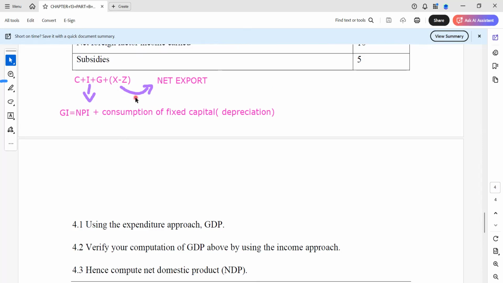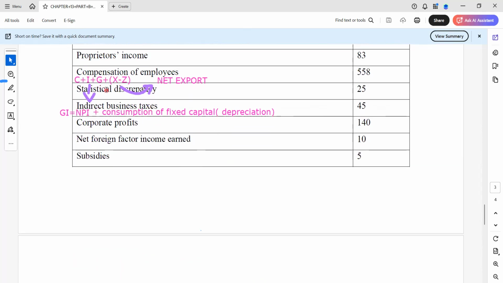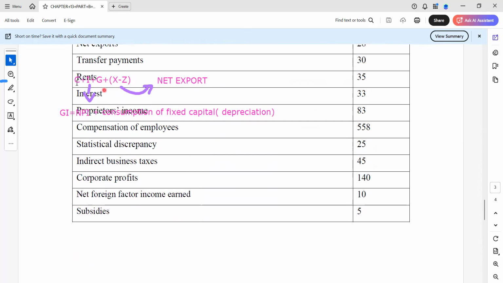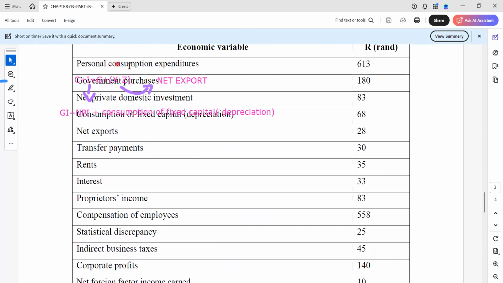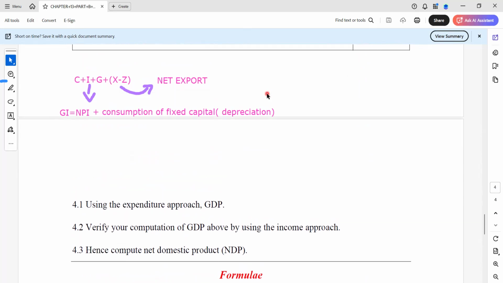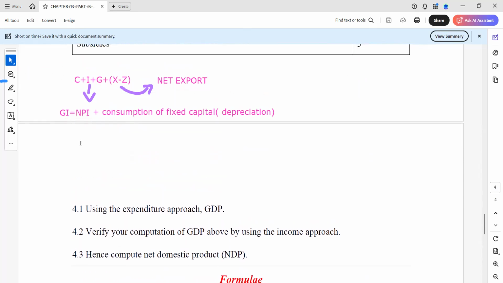So I just want to open my answers here so I don't waste time calculating. Okay, so for C, it's consumption by households, right? C. Okay, and here, personal consumption expenditure is 613. So we're going to record 613 plus, and then for I, we know we have to add the net private investment plus consumption of fixed capital, right?